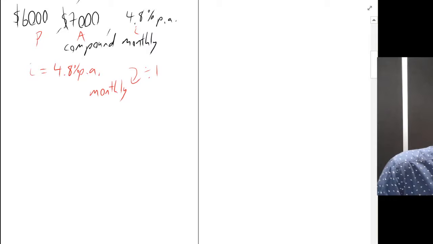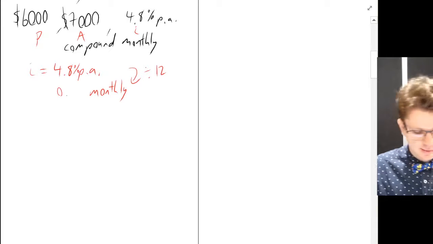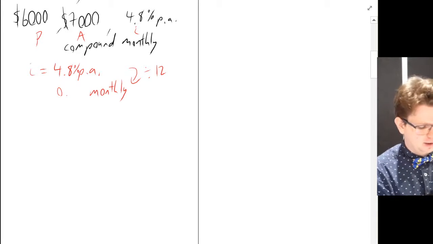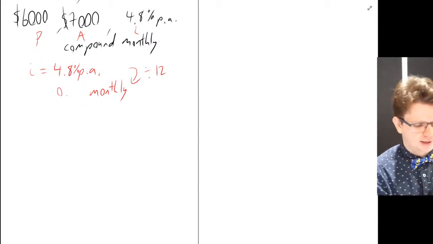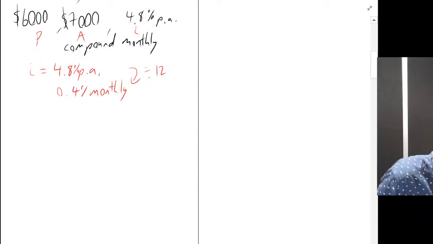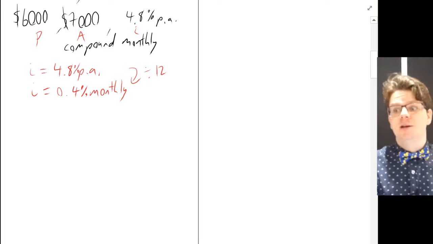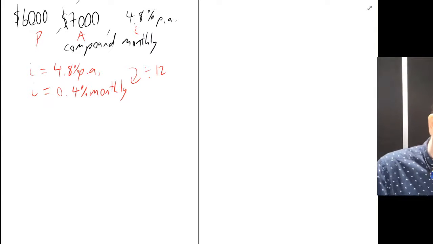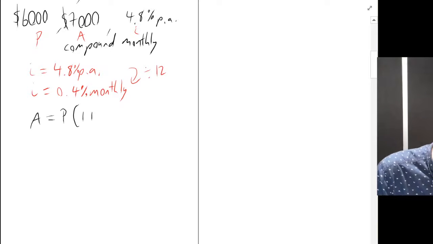I'm going to divide it by 12, which gives me 0.4% per month, which as a decimal is 0.004. Lots of zeros. So now I can go back to my usual strategy. A equals P(1 plus i).